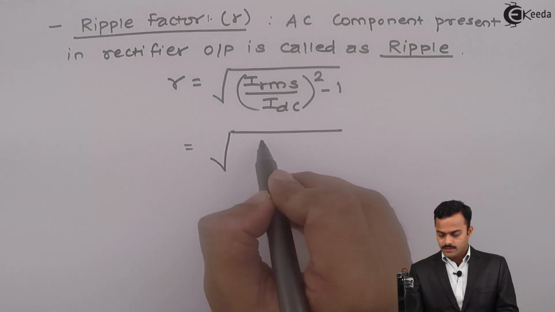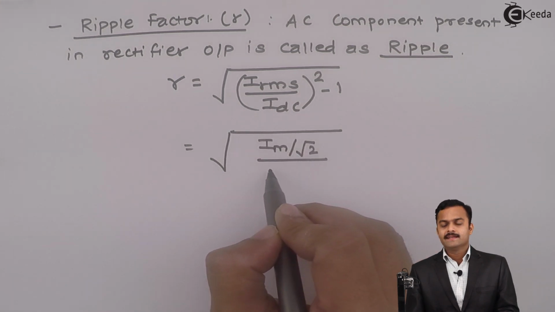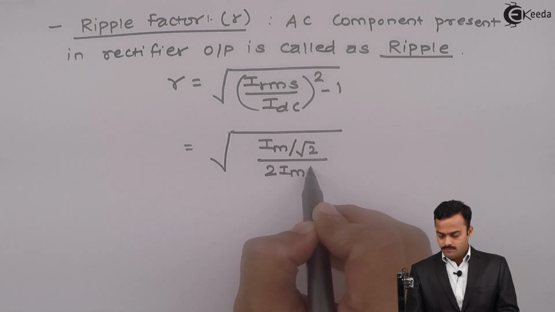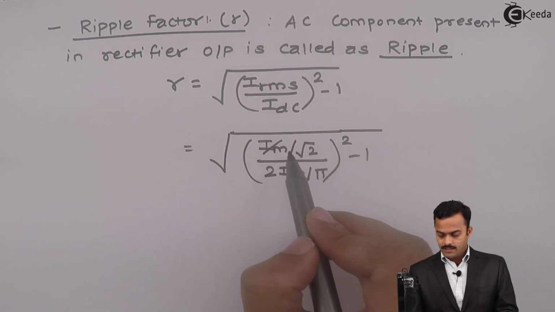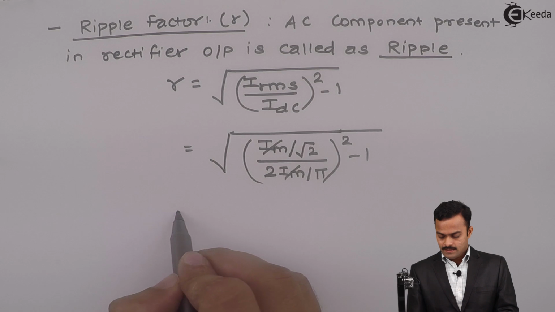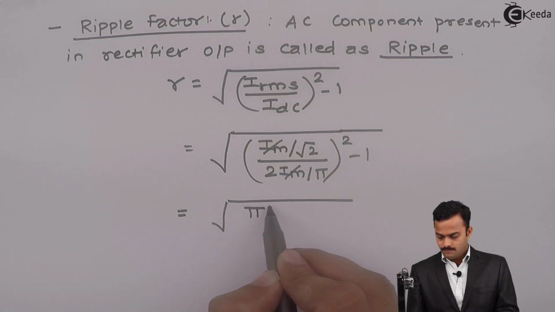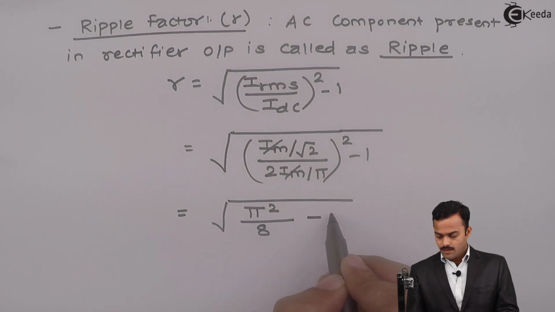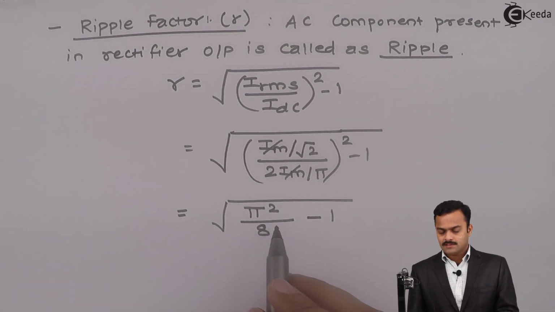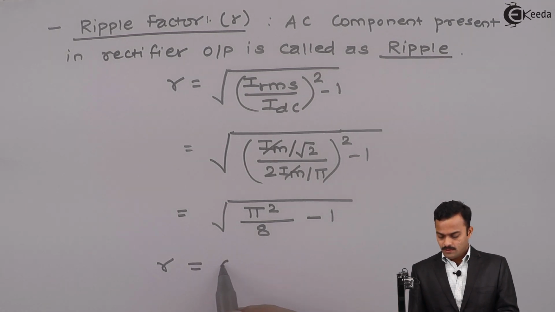IRMS we have already calculated as Im upon root 2, and IDC is 2 Im upon pi. So, here Im square gets cancelled, I will get this equal to root of pi square upon 8 minus 1, a constant term, and if I solve this I will get ripple factor 0.48.